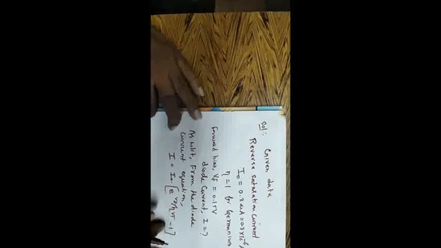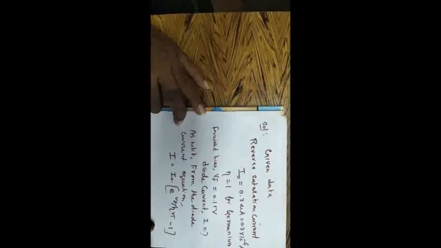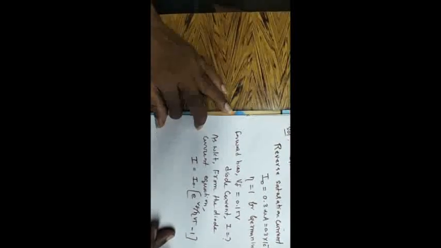This is the given equation, right? So from this equation, I0 is given, Vf is given, and eta also is given, that is germanium. Now you should find the value of Vt.